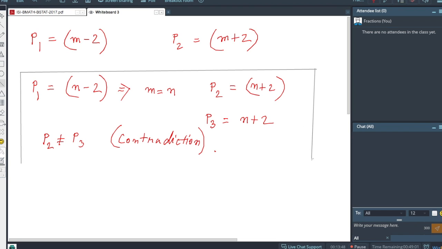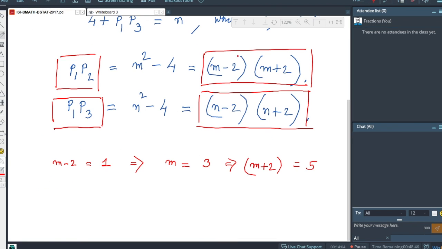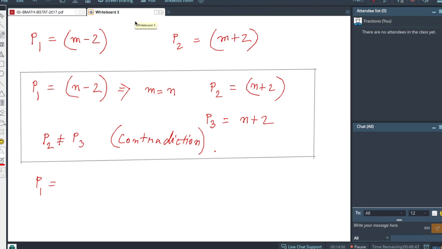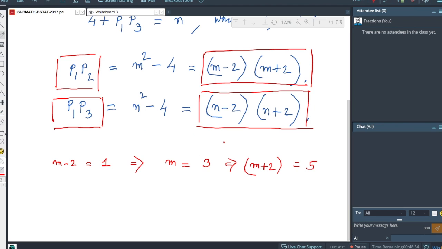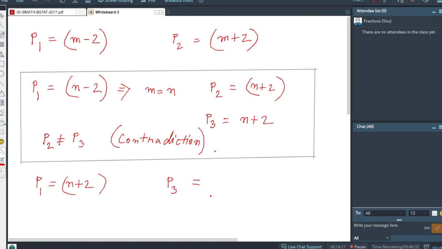Then we are left with only one choice, that is P1 equal to n plus 2, thus leaving only one choice for P3, that is P3 is equal to n minus 2.